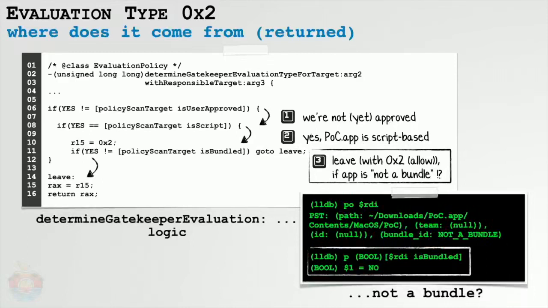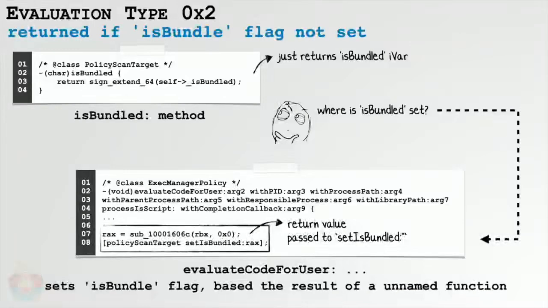So they're hard-coding the return value. However, before they exit with this return value, they call a method isBundled. If that is set to false, it's going to leave with an evaluation type set to 2. Interesting. So of course, now we want to figure out, what does isBundled mean, because this is why an evaluation type of 2 is returned, which ultimately allows the application to run.